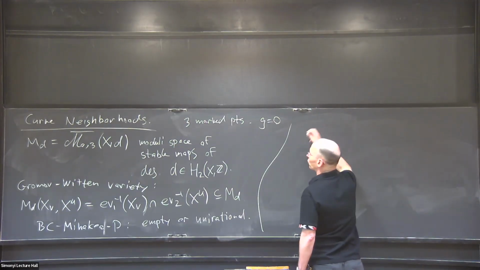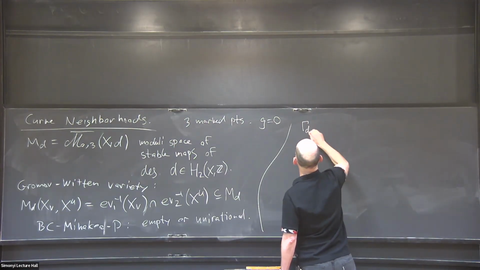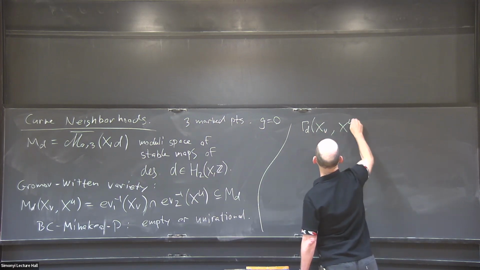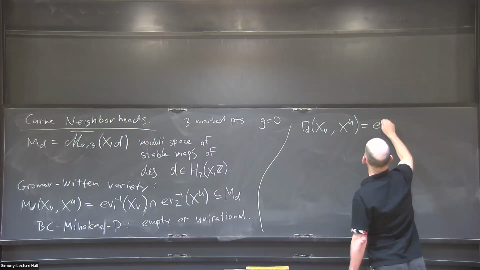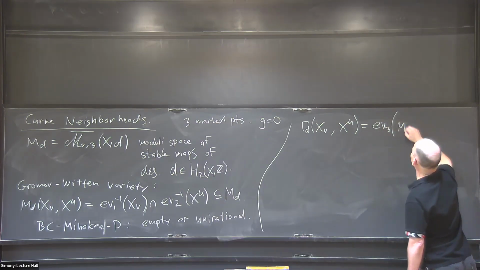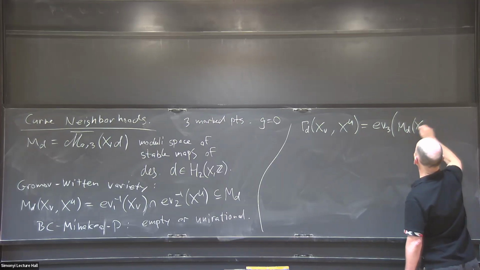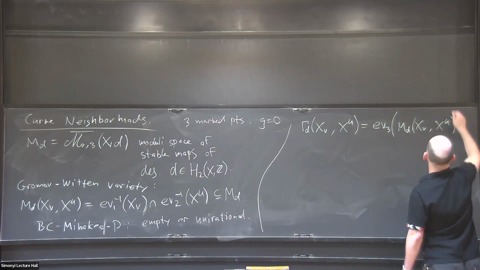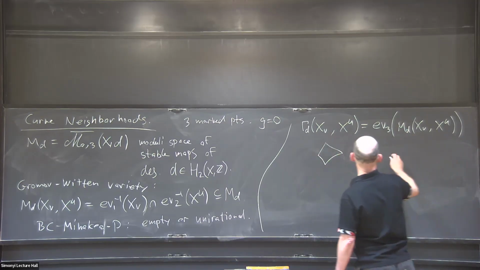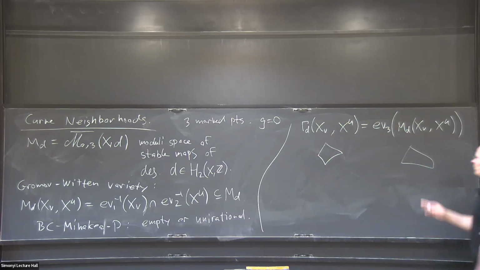The two-pointed curve neighborhood, which I call Gamma_D(X_v, X^u), is just the image under the third evaluation map of the Gromov-Witten variety. So imagine you have two Schubert varieties, which are singular.